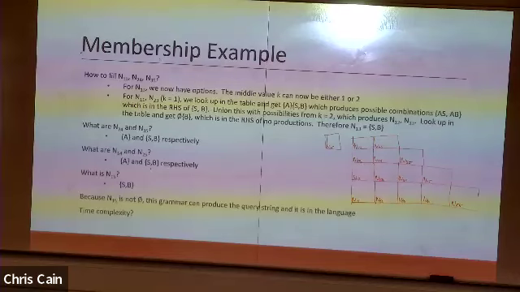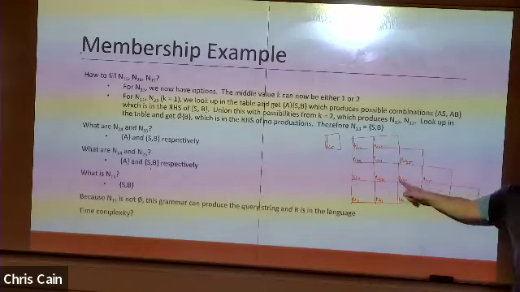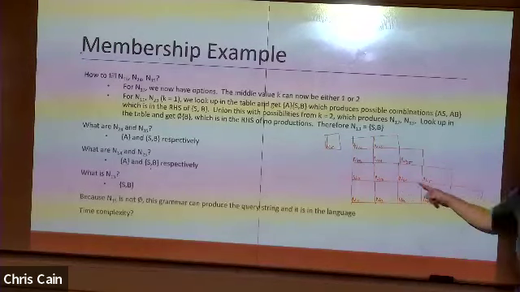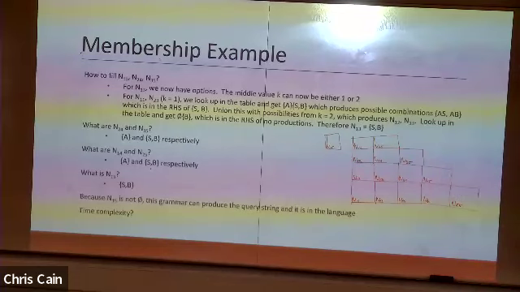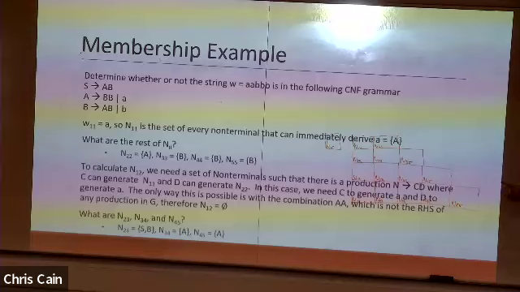I apologize. So we have n11, n22, n33, n44, and n55, which were our first things that we answered on the last slide. We determined that these were the productions that could produce each one of those letters of the string AABBB directly.